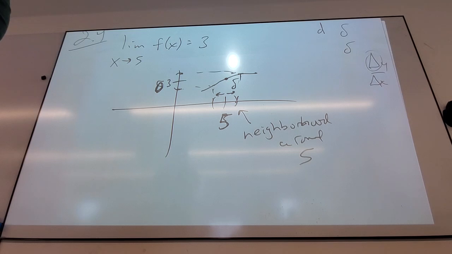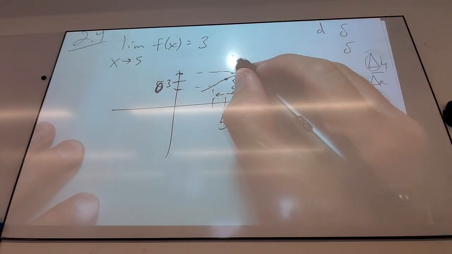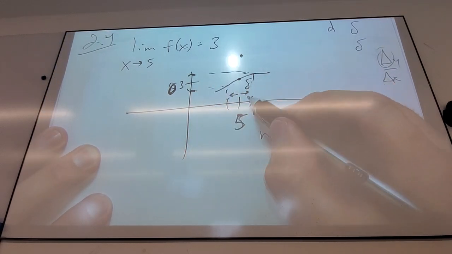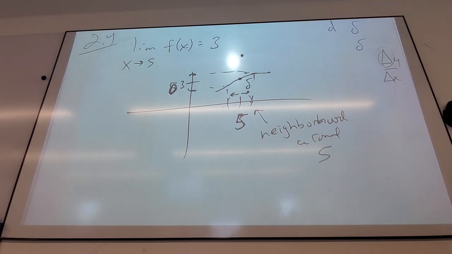As I get closer to 5, I can narrow the amount of room I need to get to 3. If I was wrong, if the limit is actually 3 but I thought it was here, then very quickly, if somebody wants me to be this close, I'll see that I'm wrong. I can't get that close.